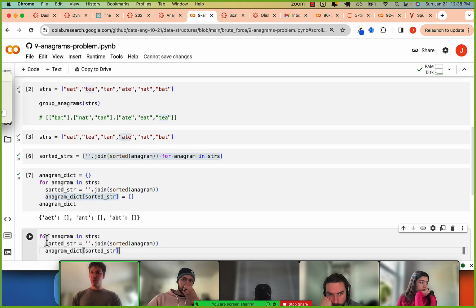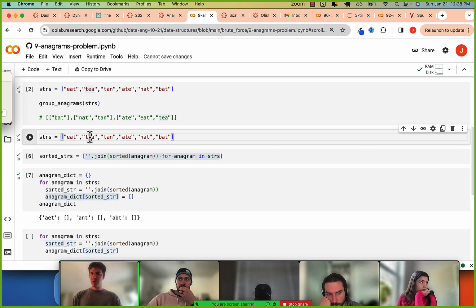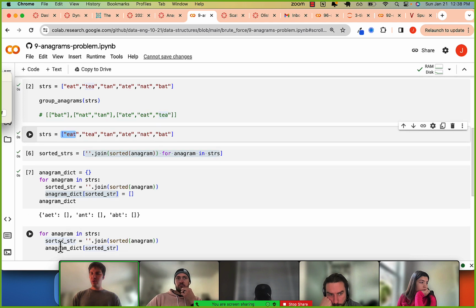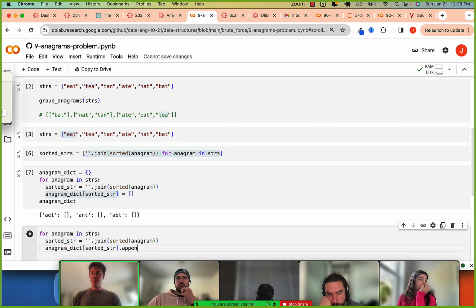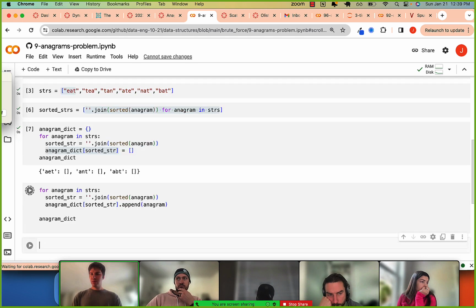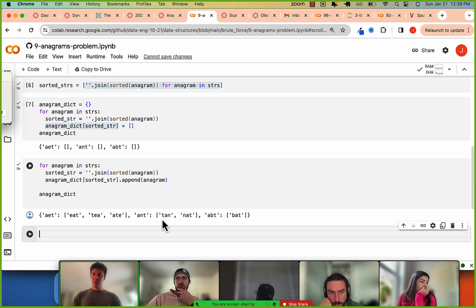So for each of these words, we'll sort it, and we'll use that sorting to append in the actual word. I think that will do it. I need a parenthesis here.